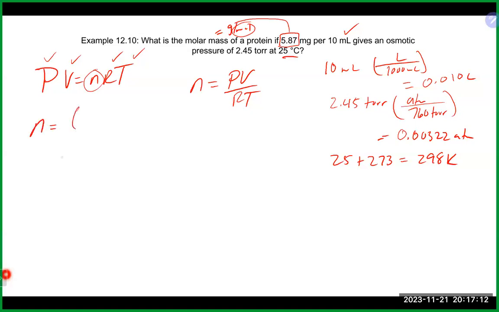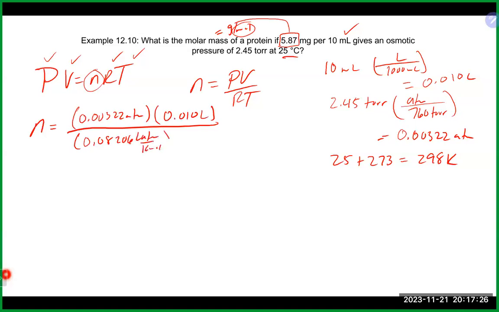So the moles will be our pressure, our volume, divided by 0.08206 and our temperature of 298. Here we're really just using the ideal gas law like we have done previously to figure out our moles.